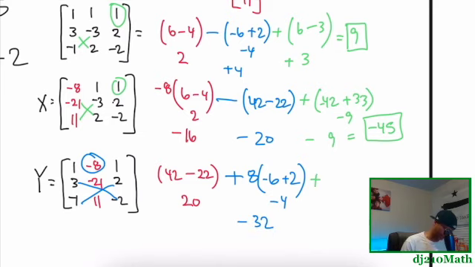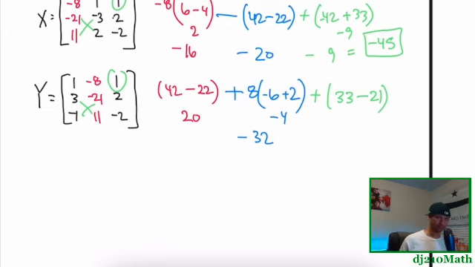Plus 1, that's nice, times this diagonal. This is 33 minus 21. You can't see it. Okay, so that's going to be 33 minus 21, 22. So 42 minus 32 is 10.